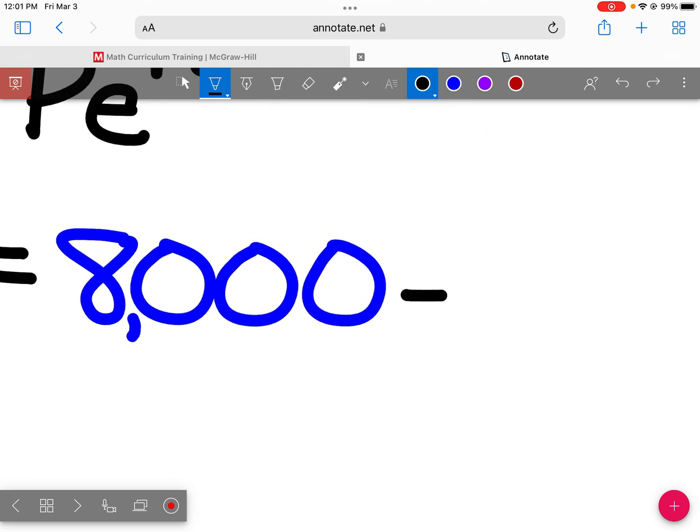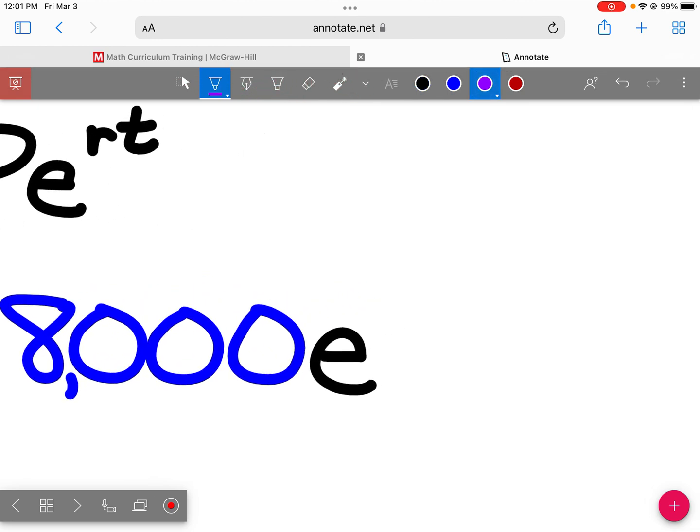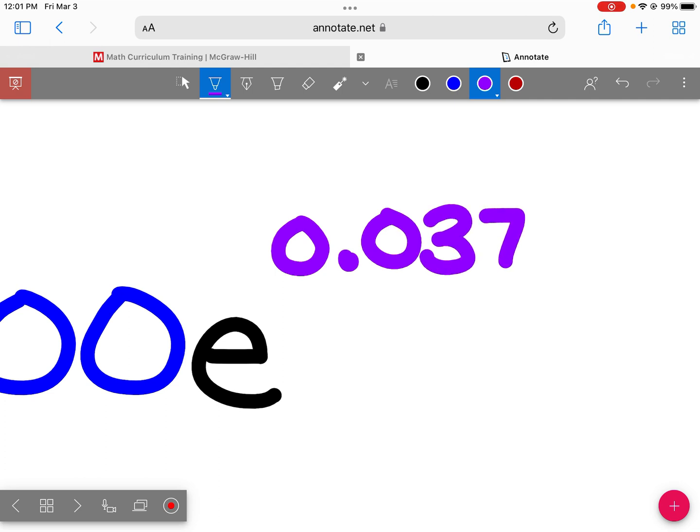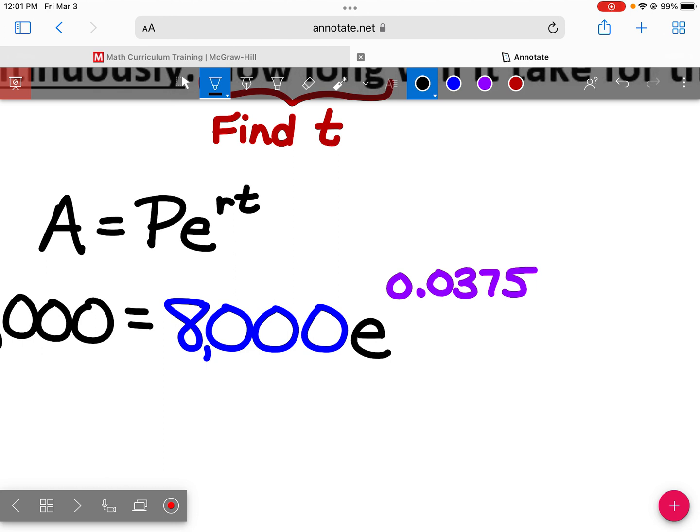E. Why? It's continuously, and E is a number. We don't put anything in for E. It's not a variable. What else do I need? The rate and the time. Where do those go? In the exponent. So 0.0375. There's my rate.